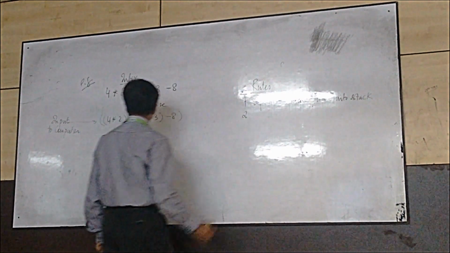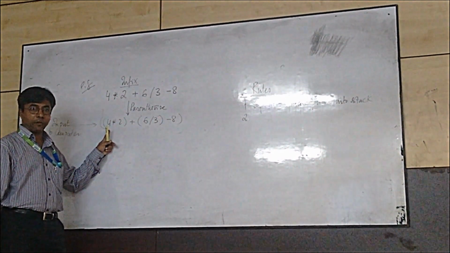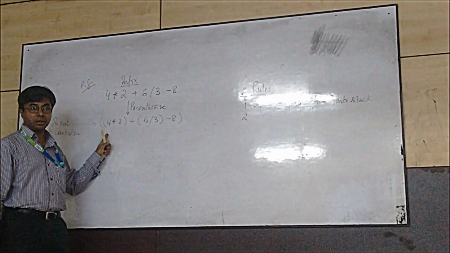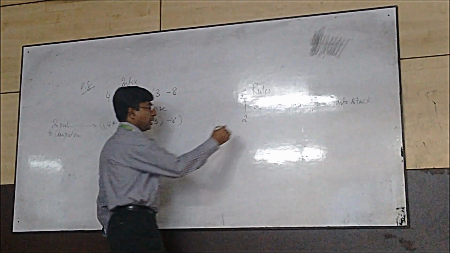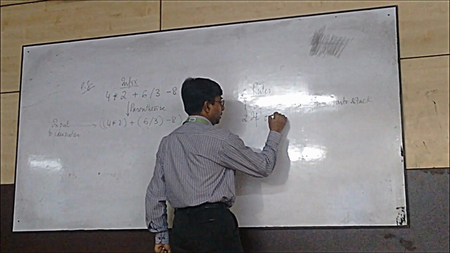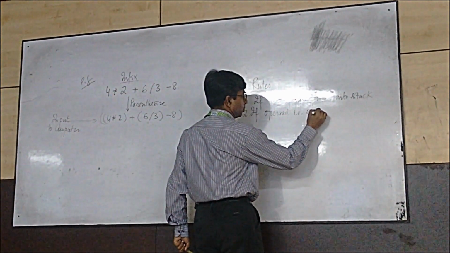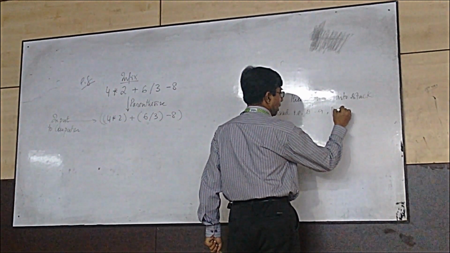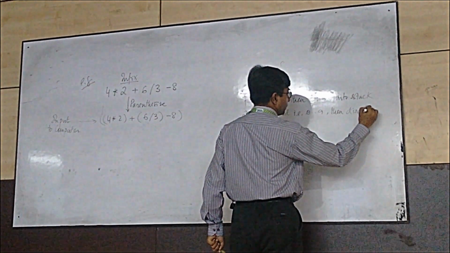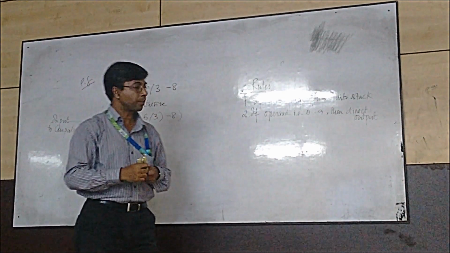Number 2: if your operand comes, directly output it, no push, no pop. So if it is an operand, that is 0 to 9, any value, then direct output, no push, no pop, just direct output.